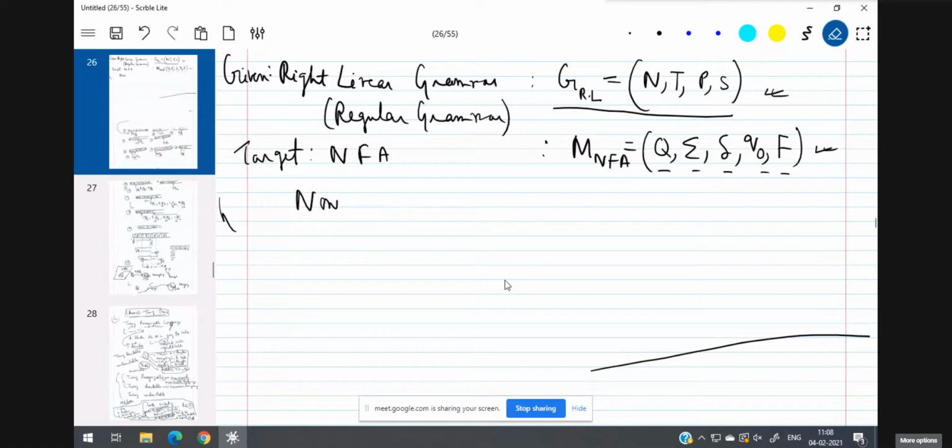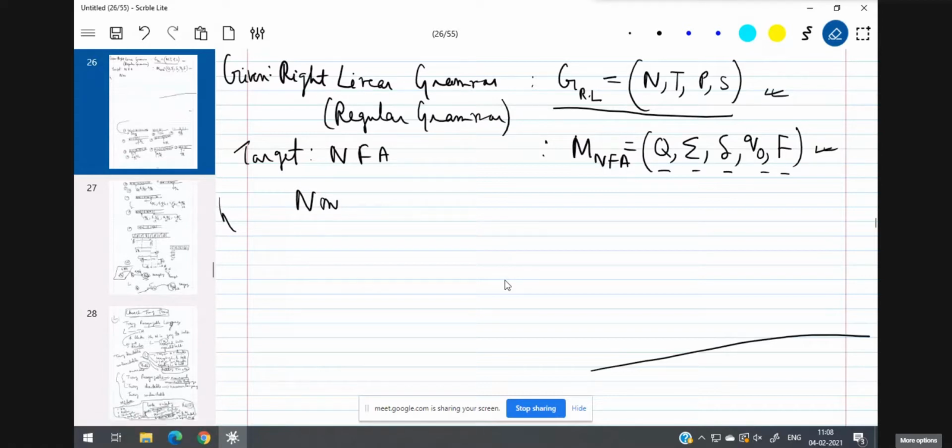So this capital Q will be a set of states, and we have to introduce one new final state, including the new final state, which I will represent by QF. And then the terminal T will be equivalent to the input alphabet, and the start symbol will be equivalent to the initial state.